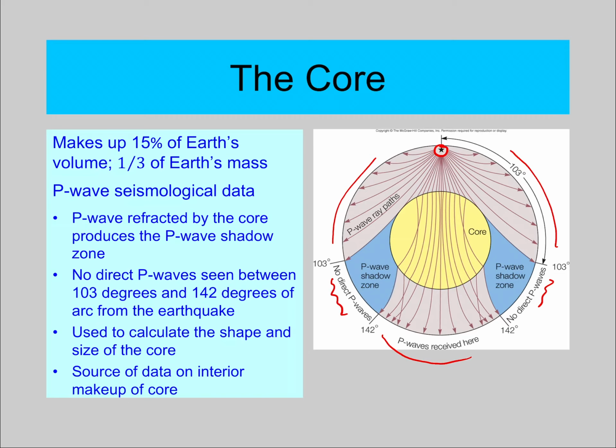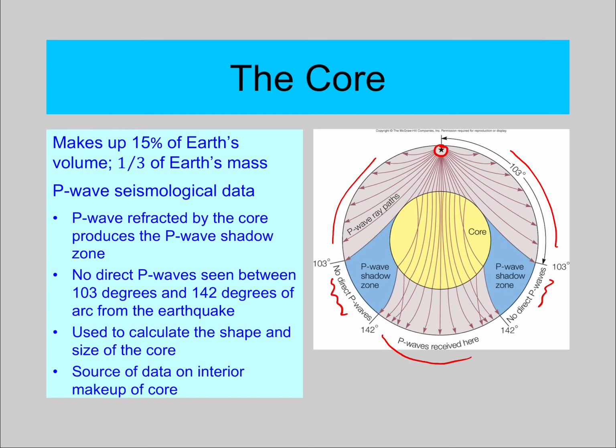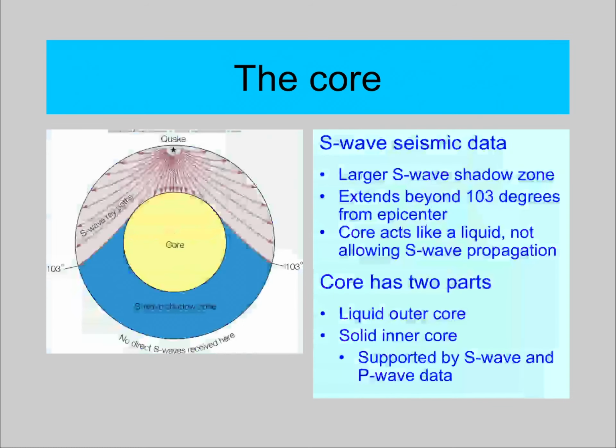So we use this to calculate the shape and the size of the core. And so it gives us a source of data on the interior makeup of the core. If we think about P waves, it could either be solid or liquid. It isn't until we look at the S waves that we start to understand whether it's solid or liquid.